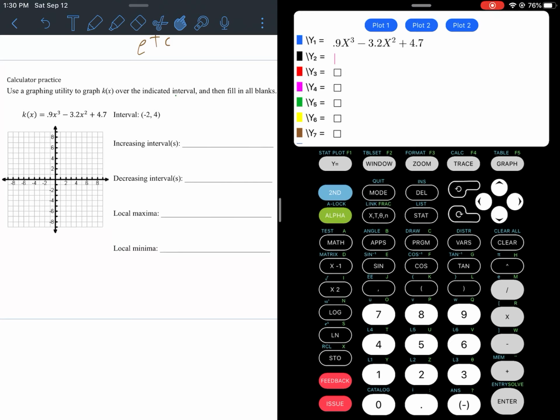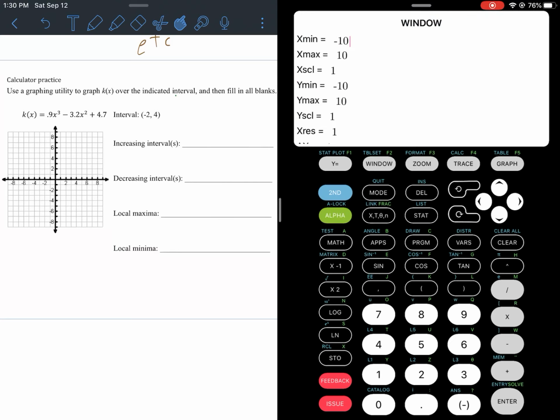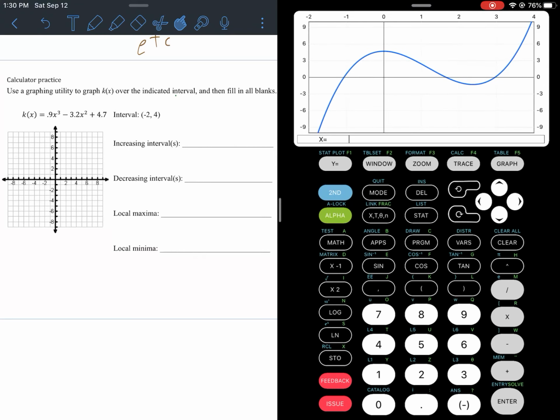So we have 0.9x cubed minus 3.2x squared plus 4.7. Now let's go to our window. The interval tells us from -2 to 4. We can always change the y window in a little bit. But let's go ahead and take a look at what this graph looks like.